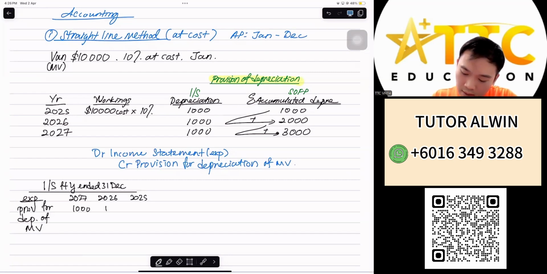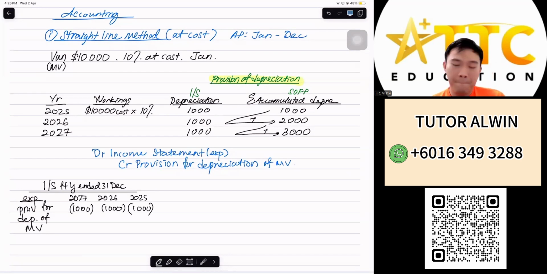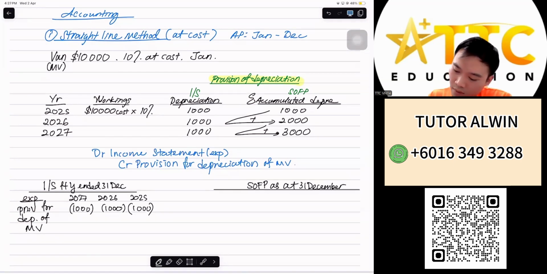Every year will be the same. Let's make it negative because under the expense column, we will be minusing them. And for the SOFP, as at 31st December of each of these years, it will be like this. All in dollars too.